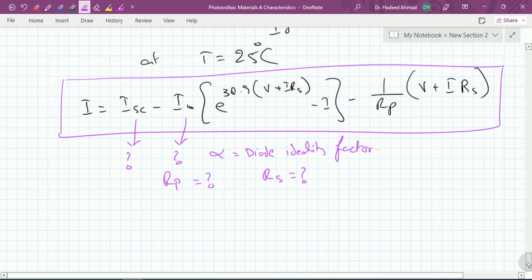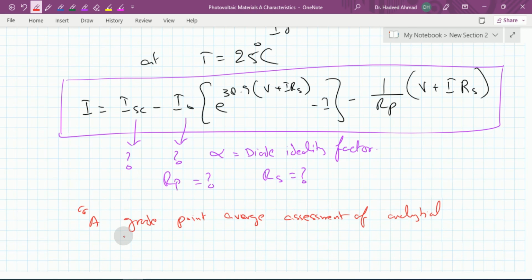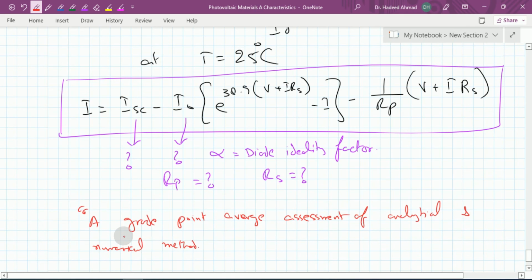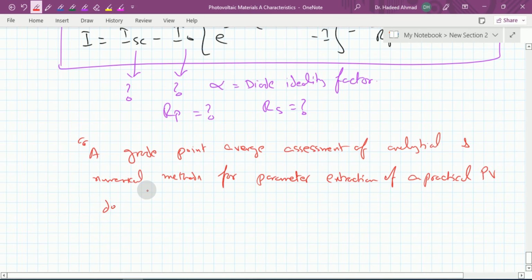In order to solve for this particular equation, we have worked on this thing that is available in my research paper, a grade point average assessment of analytical and numerical methods for parameter extraction of a practical PV device.